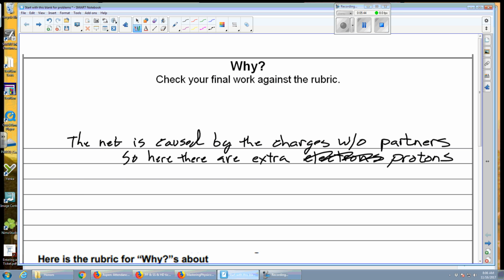The other fact I'd probably get in there is each particle carries one quantum of charge.